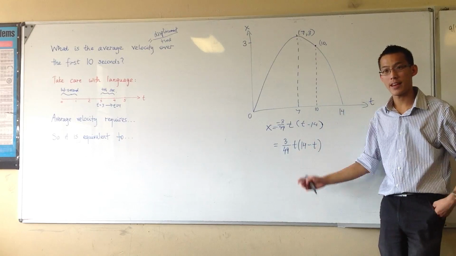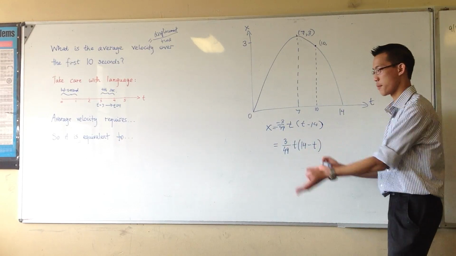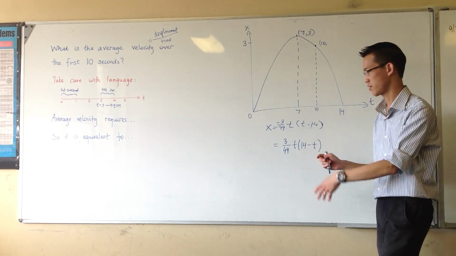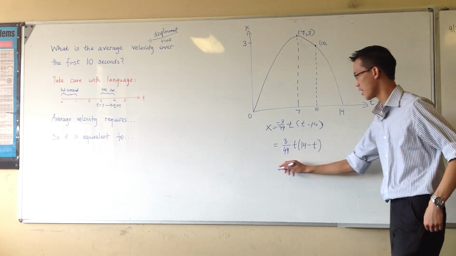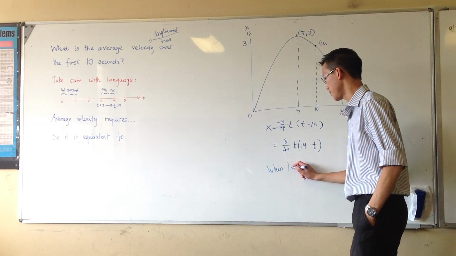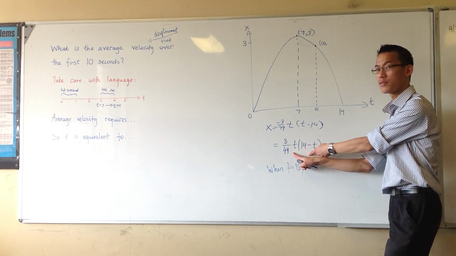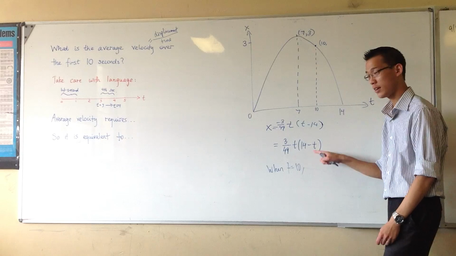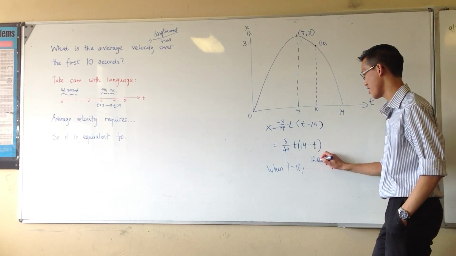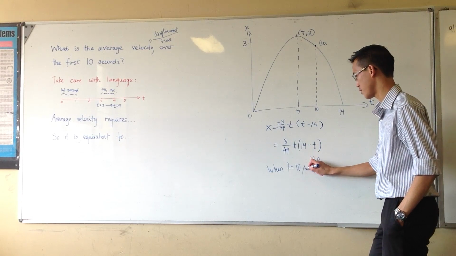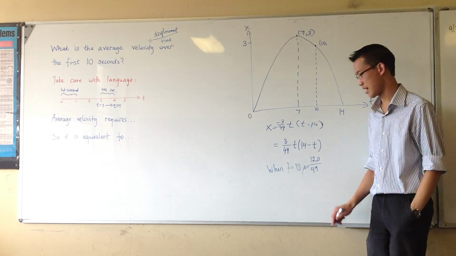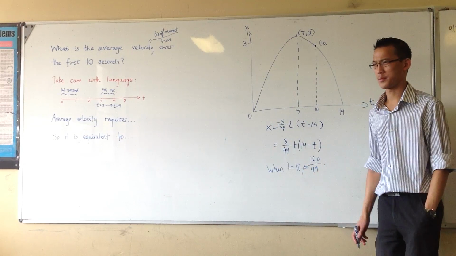When t is equal to 10, to get the displacement, I'm going to pop it back into my displacement equation. So when t is equal to 10, 14 minus 10 is 4, so this is going to be 40, so that's going to be 120 on 49. Sorry, that's what x will be. Whatever decimal that ends up being.